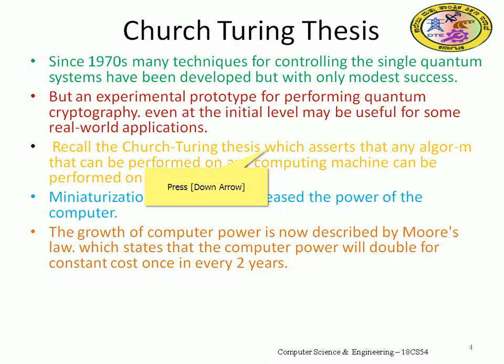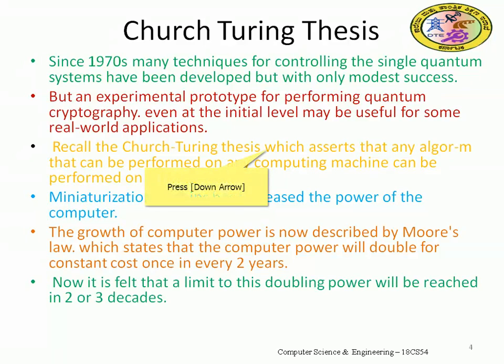The growth of computer power is now described by Moore's law, which states that computer power will double for constant cost once in every 2 years. So in every 2 years the computational potential of the computer is twice.